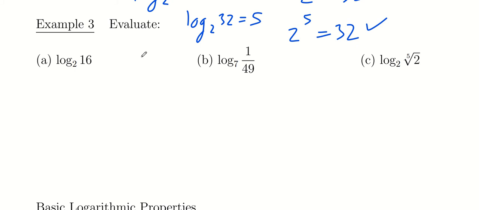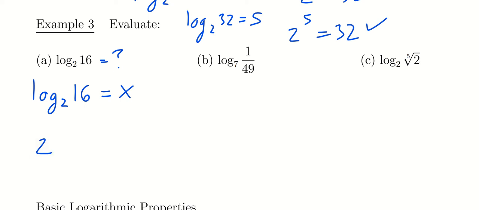Let's go ahead and evaluate all of these ones. In example 3, let's start with log base 2 of 16. If you're not sure what the value is, a common technique is to set it equal to x. So log base 2 of 16, if I don't know what it's equal to, let's just call it x. The technique that's oftentimes useful is to rewrite this as an equivalent exponential statement.